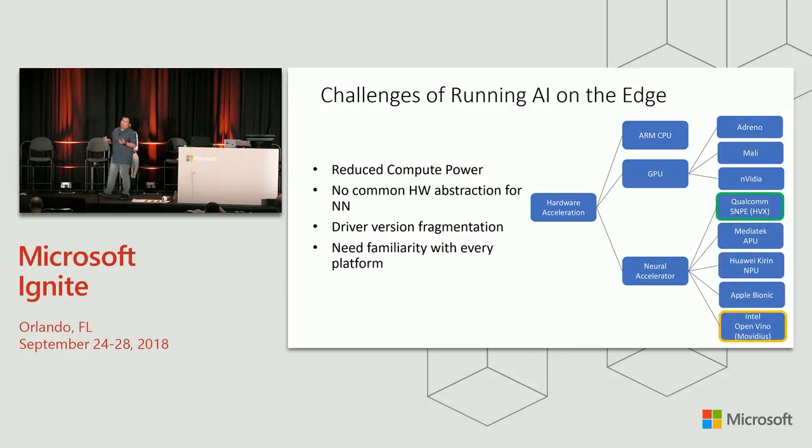Now, as we all know in our industry, we like to do the same thing many times. So we have several solutions for neural network acceleration. So if you're trying to deliver neural network accelerated models to the edge today, you have to understand specifically the hardware that you're targeting. And this is just the best known. There's tons of hardware manufacturers.